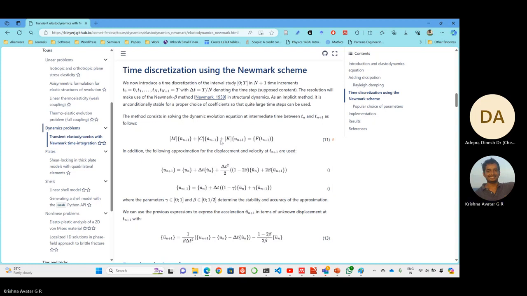Runge-Kutta, Euler, Crank-Nicolson were all developed for first order derivatives. So the advantage of the Newmark beta method is that you can directly integrate the second order derivative itself using this two-step process.